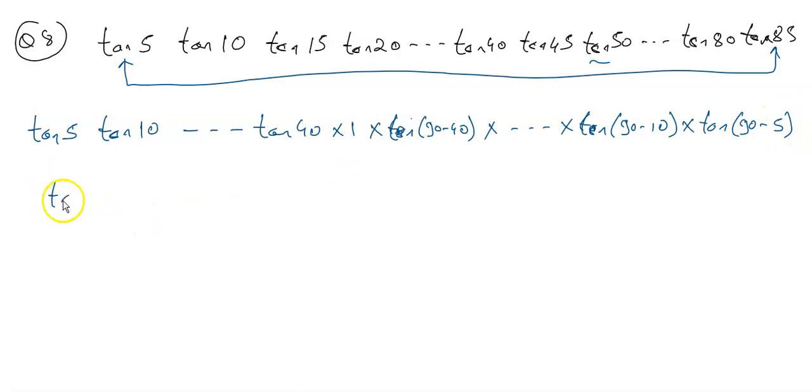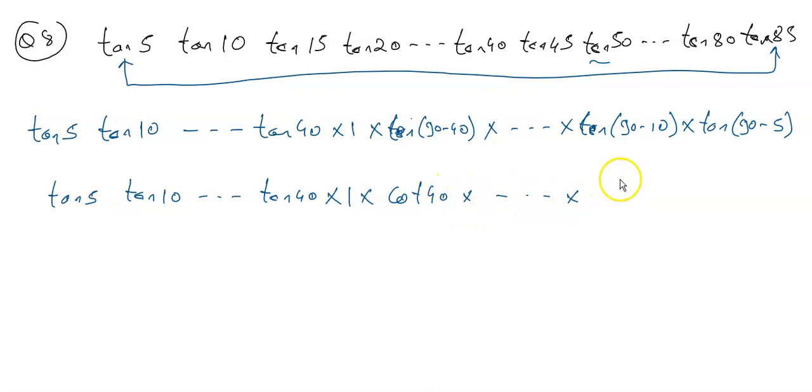So this is tan 5 into tan 10 into tan 40 into 1 into cot 40 into cot 10.